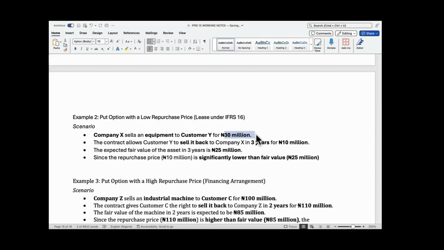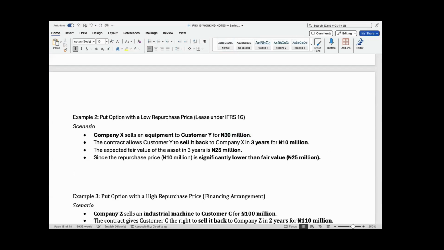The expected fair value in 3 years is 25 million. So in this case, since the repurchase price is significantly lower than the fair value, how do we analyze this?